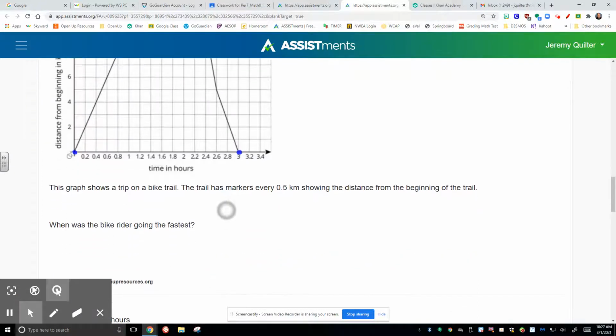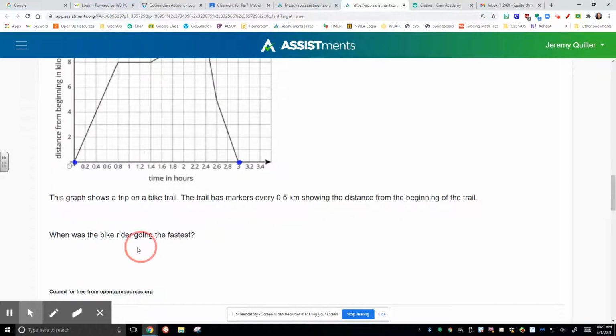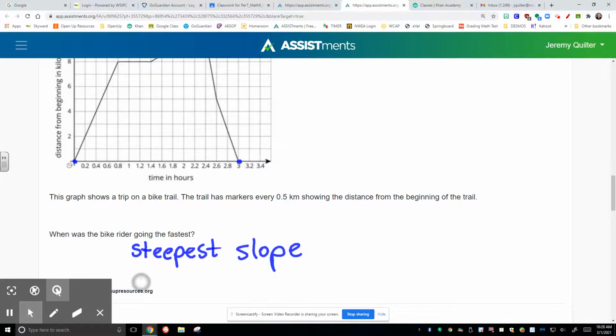It says, when was the bike rider going the fastest? You need to look for the steepest slope. Because that'll tell you traveling a certain distance in the least amount of time. So look for that steepest slope. That could be positive or negative.